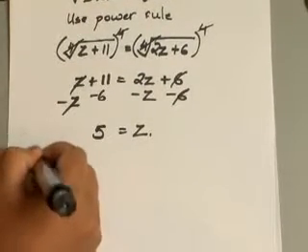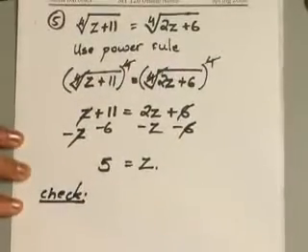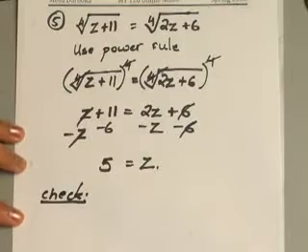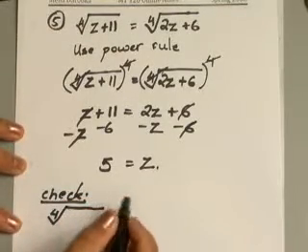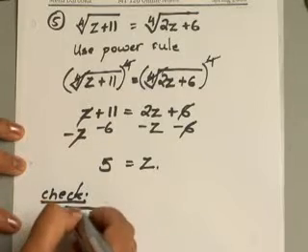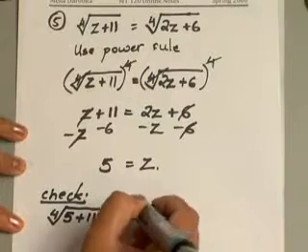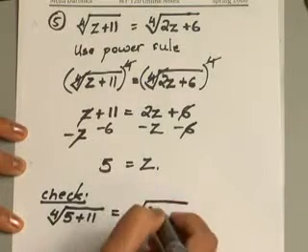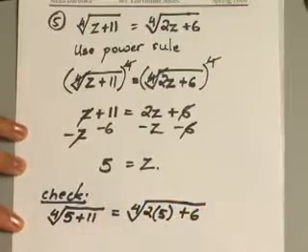Now just like we did earlier, go back and check your solution. Okay, so we're checking for our solution in the original equation, which is fourth root of z plus 11. So replace z with 5, z plus 11, and the other side was fourth root of 2z plus 6, so 2 times 5 plus 6.